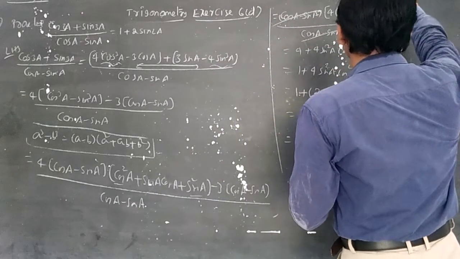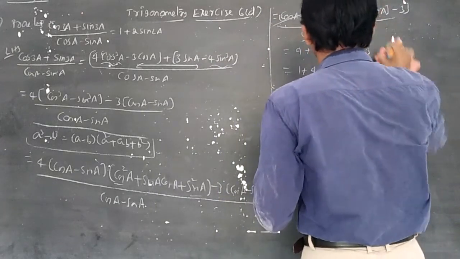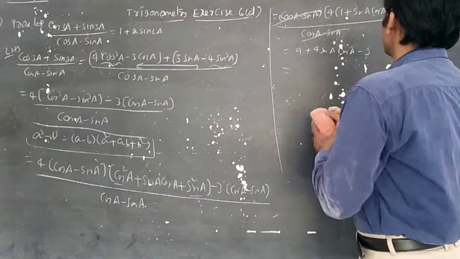Square is not there. So don't write 4 sin square a cos square a; from here onwards cut off. Simply 4 sin a cos a.